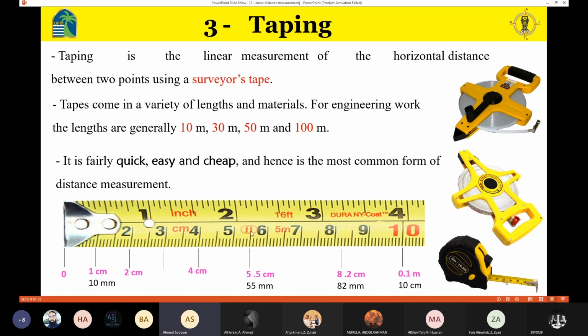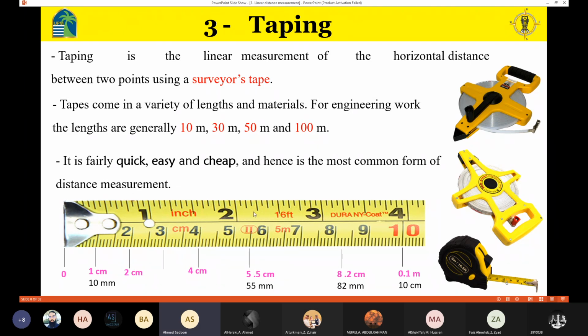So if you are here, then you have 5.5 centimeters or 55 millimeters. If you are here, you have 10 centimeters or 0.1 meter. It's very important to know that the start is here. Some students make mistakes. They start from here or something like that.